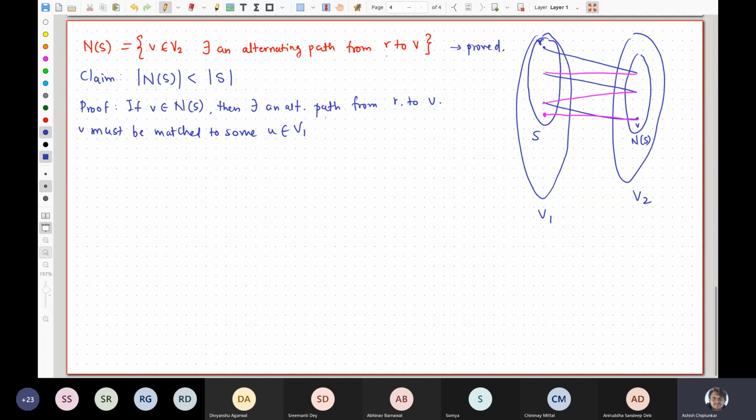Why? Because otherwise the alternating path from R to V is an augmenting path.